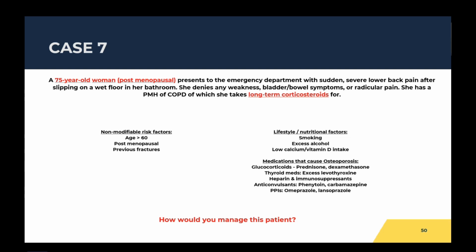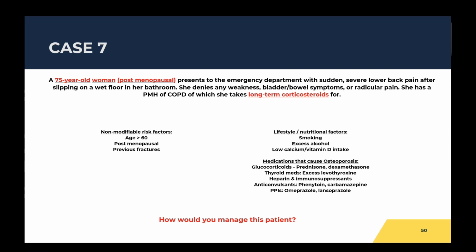And she also takes long-term corticosteroids for her COPD, and corticosteroids can be a cause of osteoporosis as well. So just generally, for osteoporosis, some non-modifiable risk factors are age, so being over 60, being postmenopausal, having previous fractures as well.